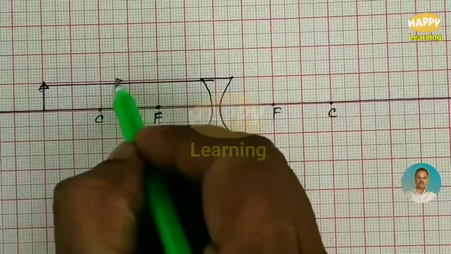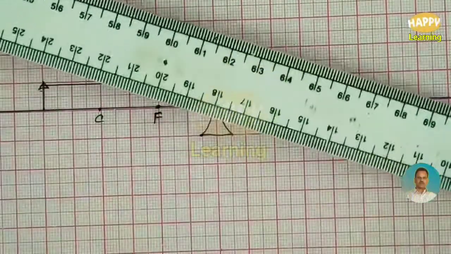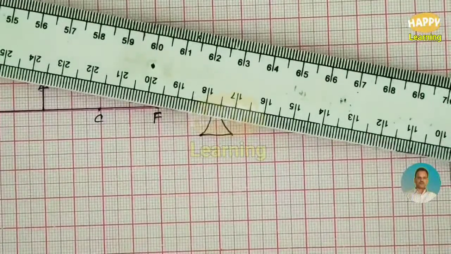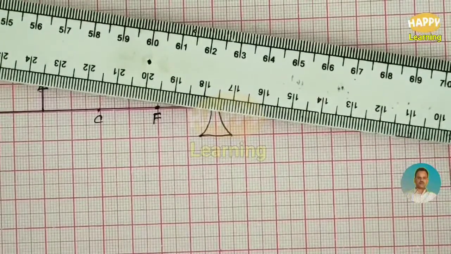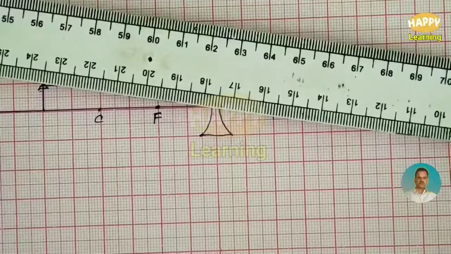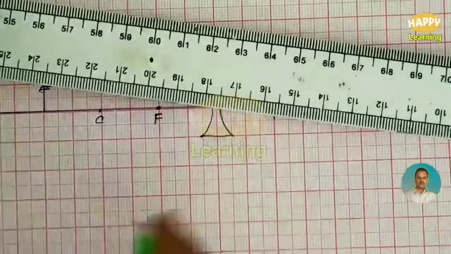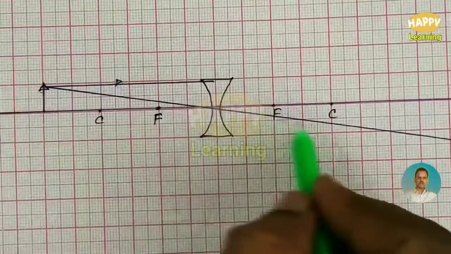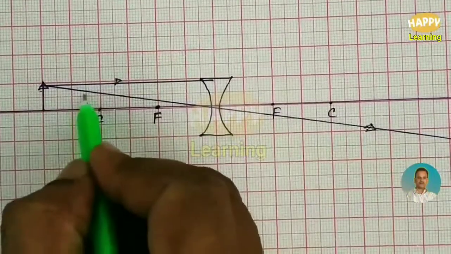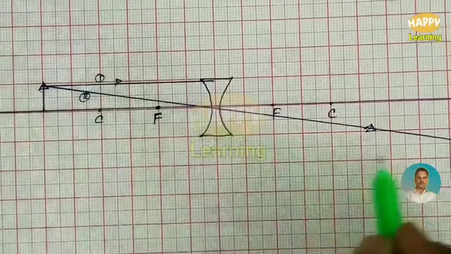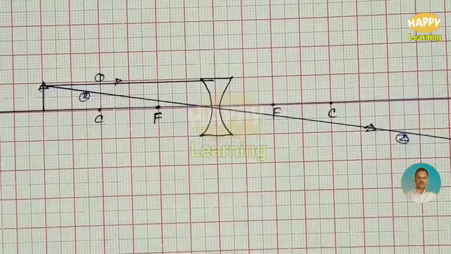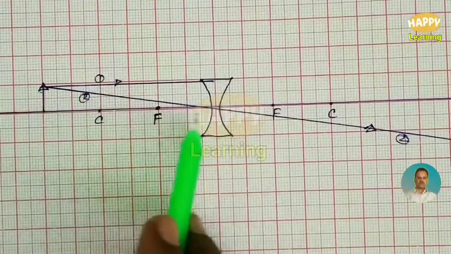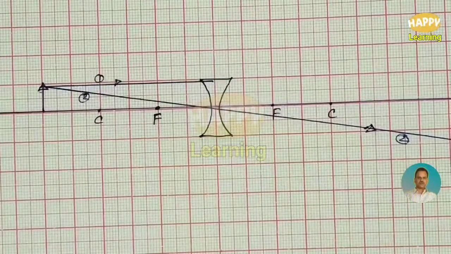Suppose this is one ray. I am selecting one more ray such that it is passing through the optic center. So this ray which tries to pass through the optic center is undeviated. So this is second ray, this is first ray. This second ray, because it is passing through optic center, is undeviated.